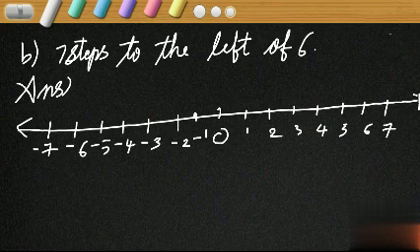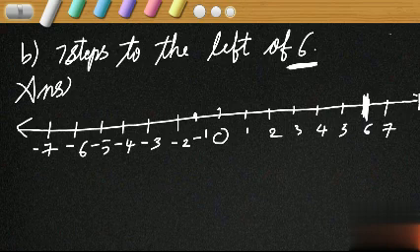Okay. So let's listen. We have to start with which number? 7 steps to the left of 6. So we have to begin with 6, isn't it? How many steps from 6? 7 steps.